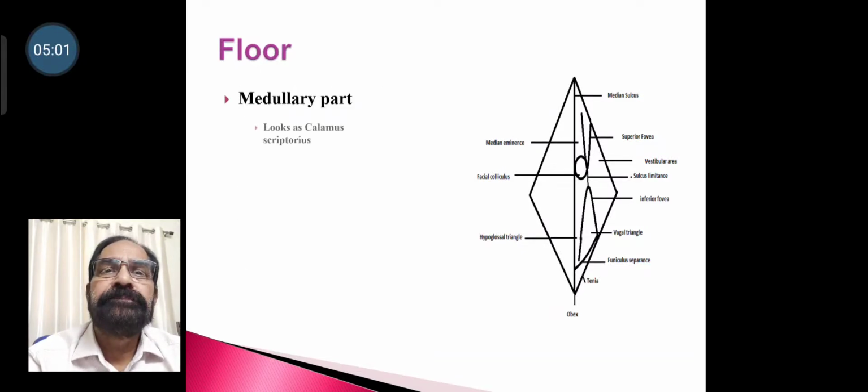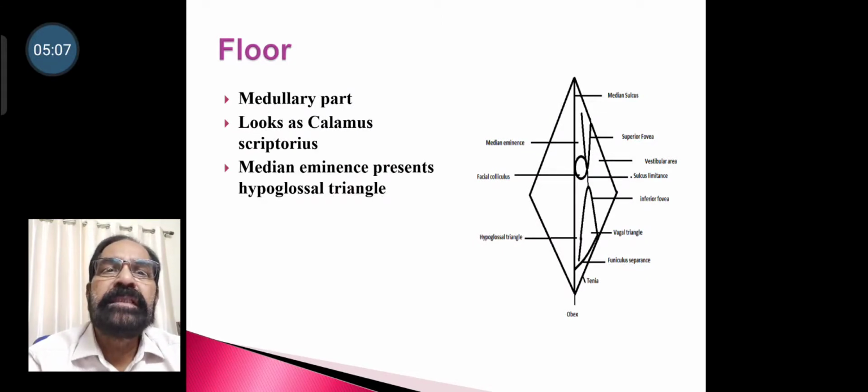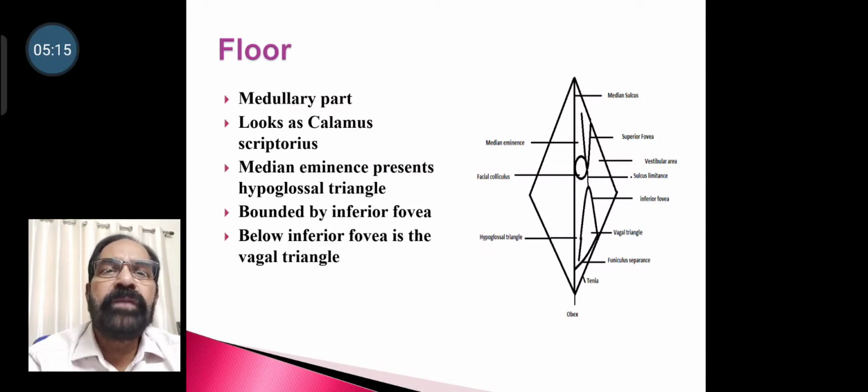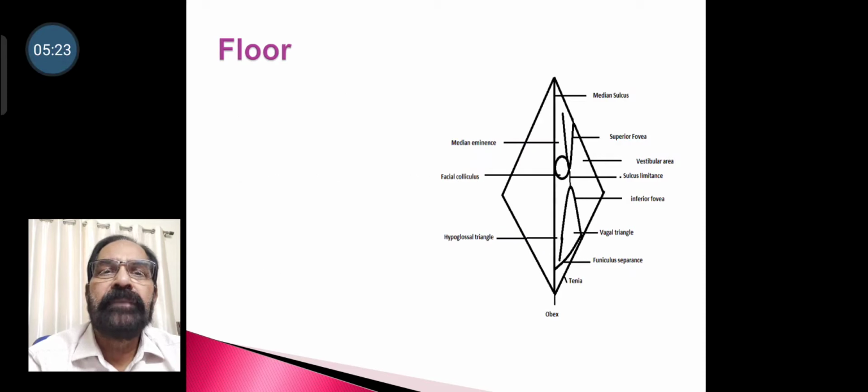Medullary part. It looks like calamus scriptorius. Median eminence presents hypoglossal triangle bounded by inferior fovea. Below inferior fovea, there is vagal triangle. Contains dorsal nucleus of vagus.